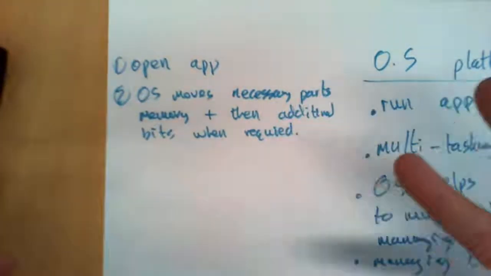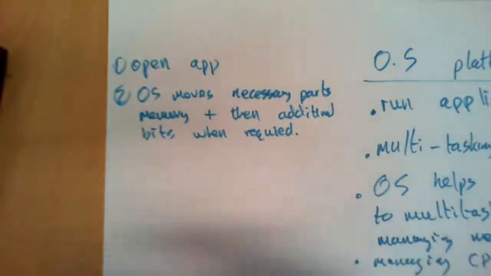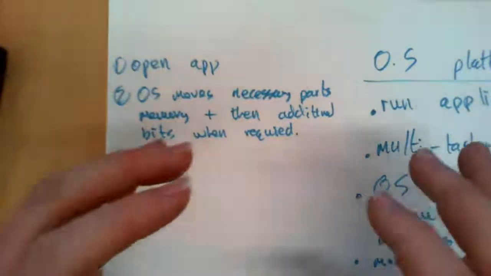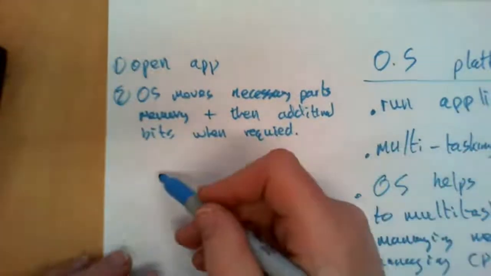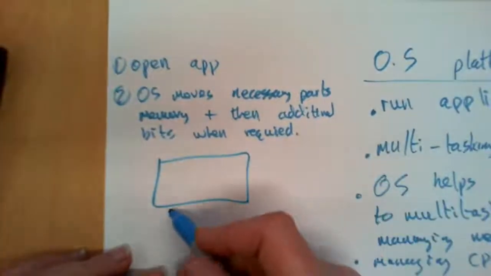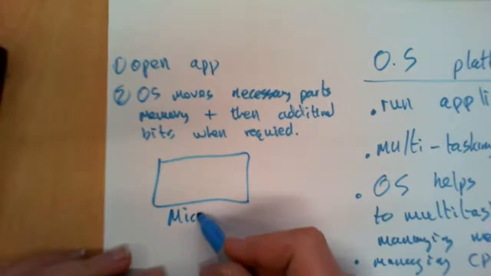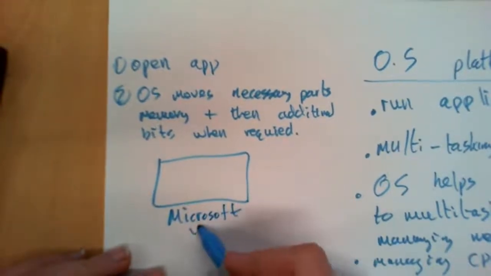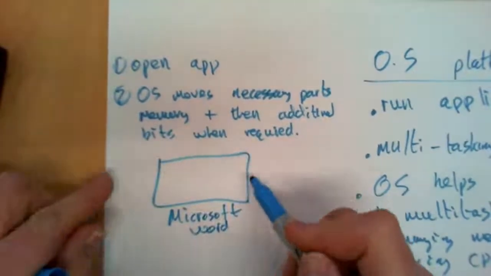Now you're thinking, how does it do this? Well, first of all, the software developers have developed their software to be compartmentalized so that bits can be moved off them. So let's say this box contains the entire piece of software from Microsoft Word. It's not just one box.